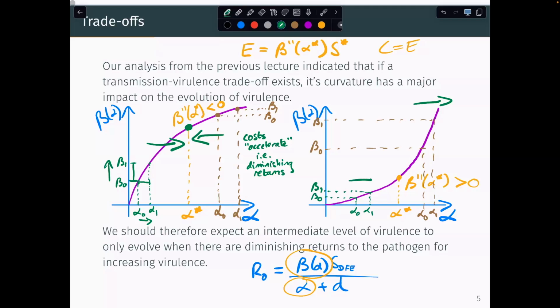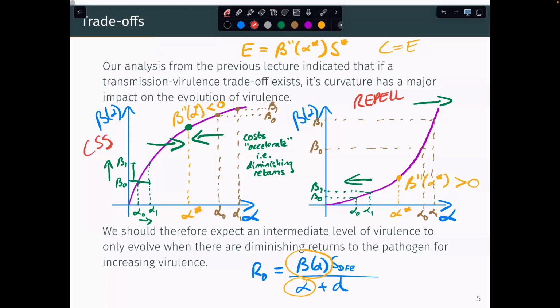So here it's likely to be costly. In other words, selection drives us now away from this alpha star. So can anyone tell me what kind of singular strategy alpha star would be? Yeah. So now we have a repeller situation. Exactly. So this one on the left-hand side was a CSS, and this is a repeller.